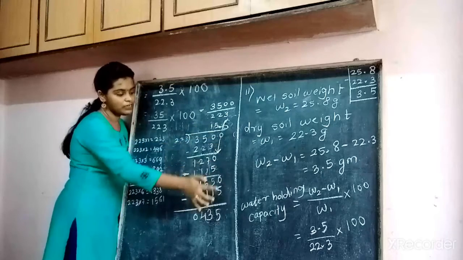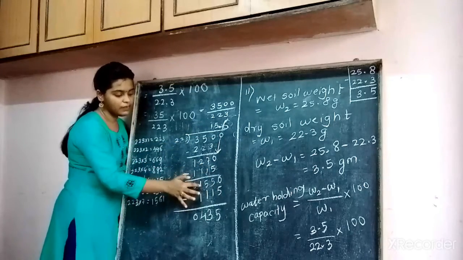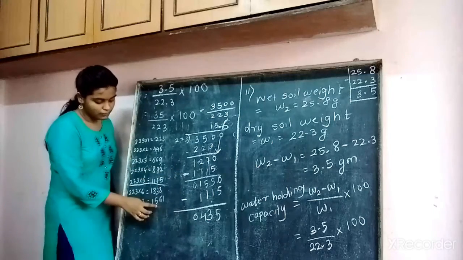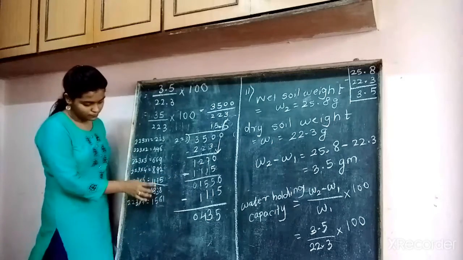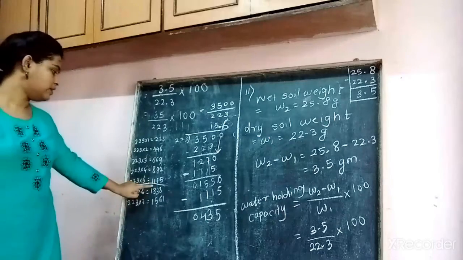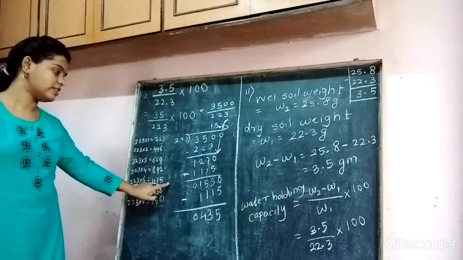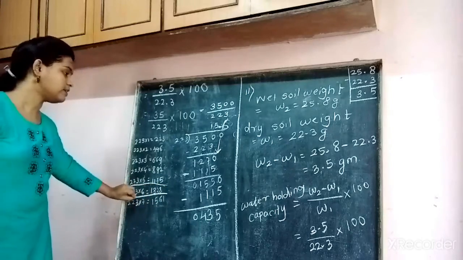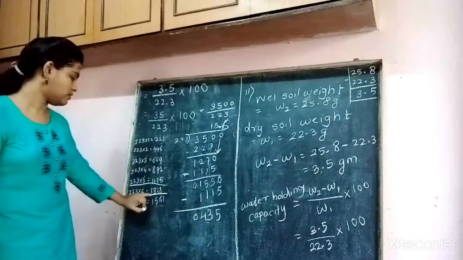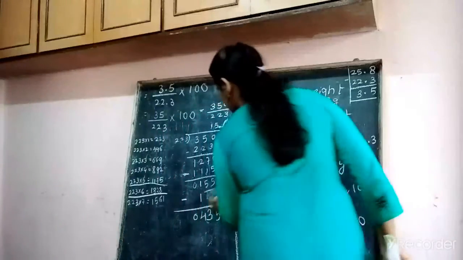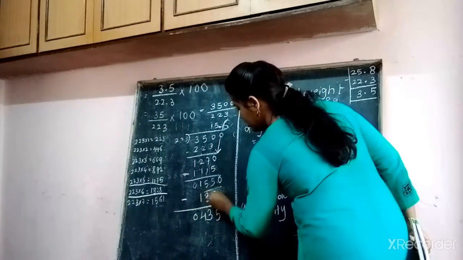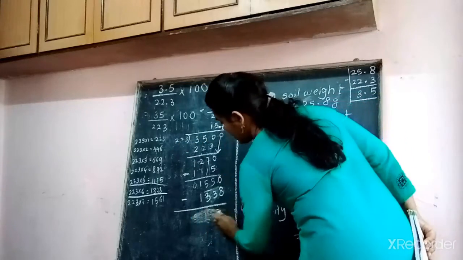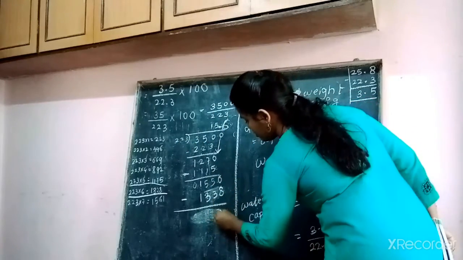So take a point and write 0. The new number is again 1550. The number less than 1550 is 1338, that is 223 6s are 1338. Now minus again. 0 minus 8, 2.